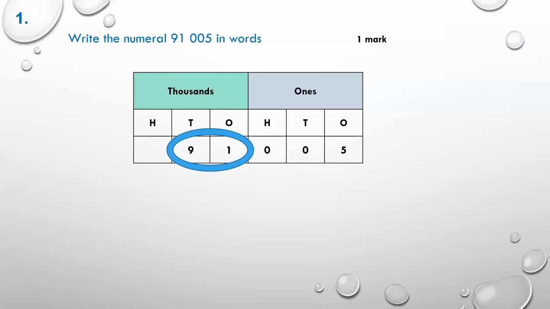Then what is 9 and 1? That is said to be 91. And 91 what? What's the family's name? Thousands. So it's 91,000. And then, do we have any hundreds? No. Do we have any tens? No. We only have 5 ones. So how do we say that? And 5. 91,000 and 5.